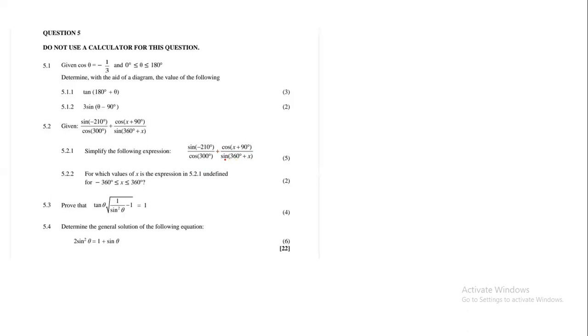If sine of 360 degrees plus x were to be equal to 0, our expression was going to be like this: sine of negative 210 degrees over cos 300 degrees plus cos of x plus 90 degrees, divided by 0 degrees. If sine of 360 plus x were to be equal to 0, our expression was going to be like this.